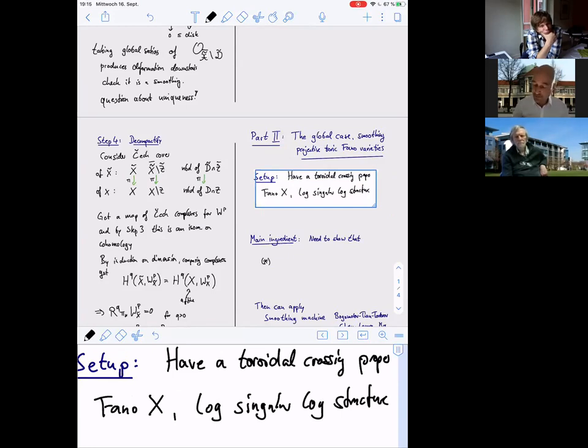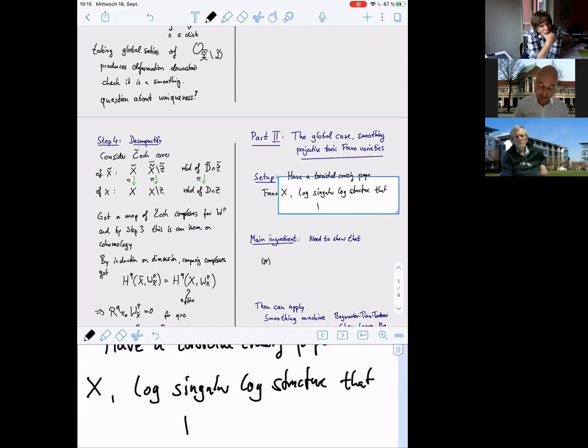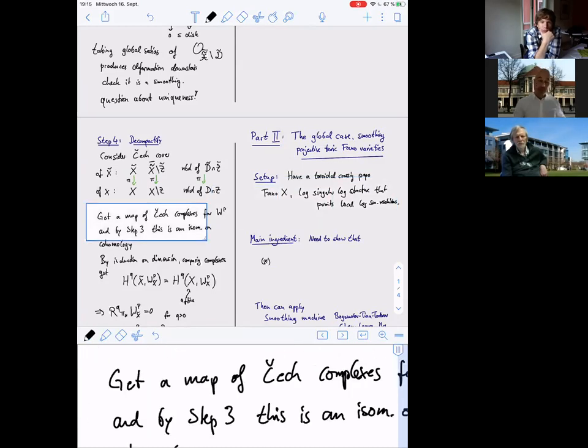And that one permits, that's the assumption, local log smooth resolution, just as before in the affine case.